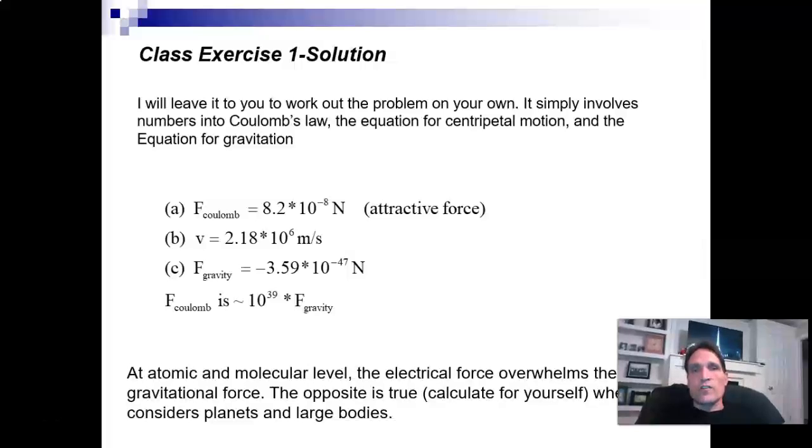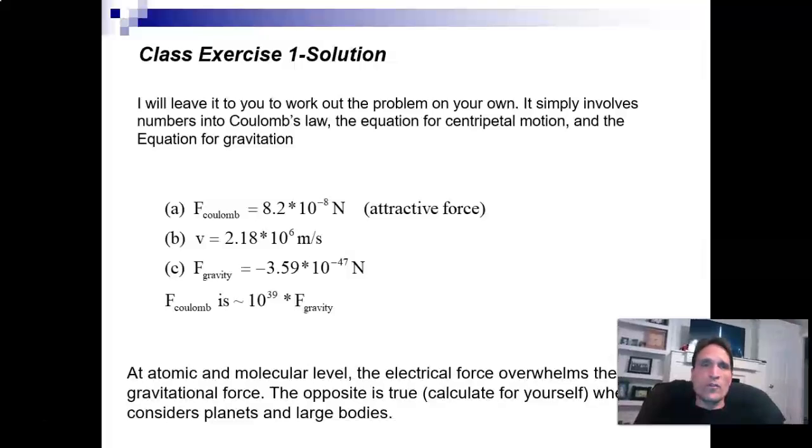And that's why when you're taking your chemistry classes, you really don't need to talk too much about the gravitational force when you're dealing with atoms and molecules, because their masses are small, so we can neglect it compared to the electrostatic force.